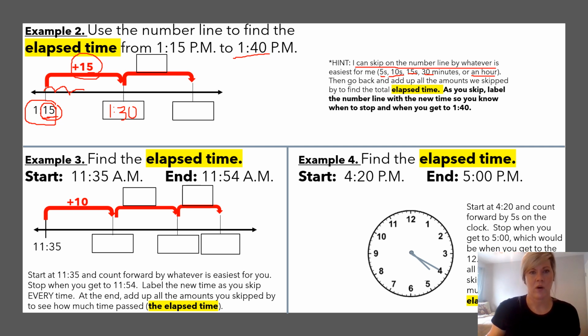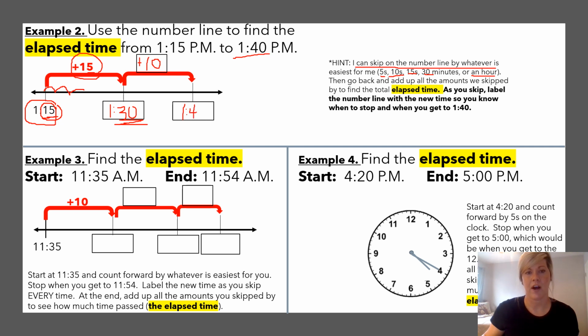Now we need to keep jumping because we have to get to 1:40. So you should be thinking now, if I am at 30 minutes, what should I skip by to get to 1:40? Well, if you're thinking 10, then you are correct. So 10 plus 30 would give me 1:40.